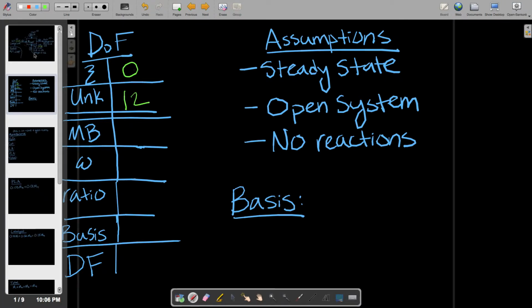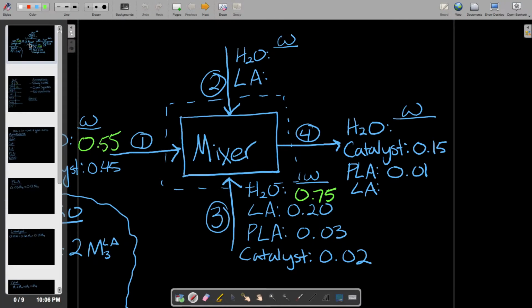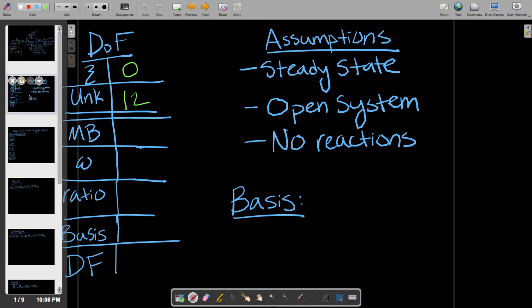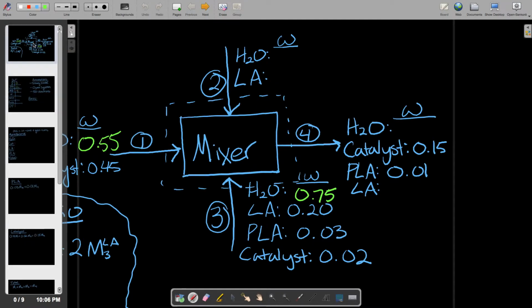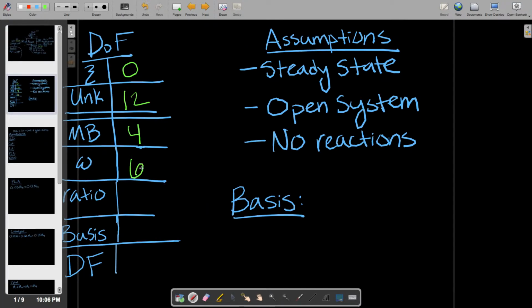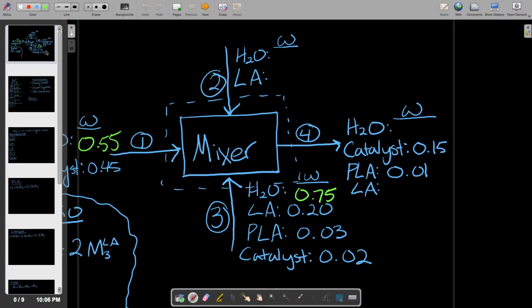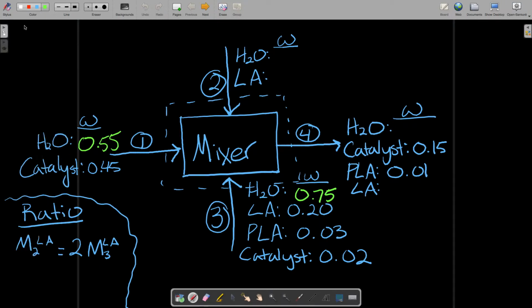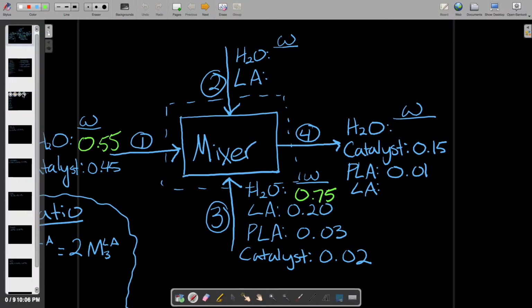So next, mass balance. There are a total of 4 species: water, LA, PLA, and catalyst. So our mass balance is 4. We're initially given 6 mass fractions. These 1, 2, 3, 4, 5, 6. And we're given 1 ratio, it's this ratio given here.